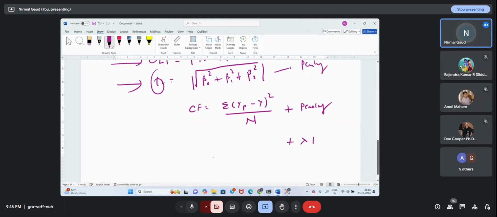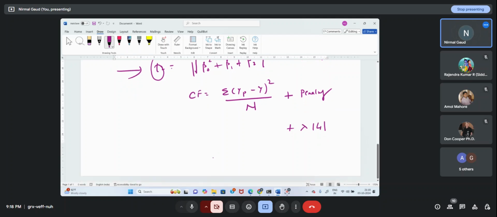If it is like this, then it is Lasso. And if it is like this, then it is Ridge. Where lambda is the regularization parameter, and these are the penalty terms.